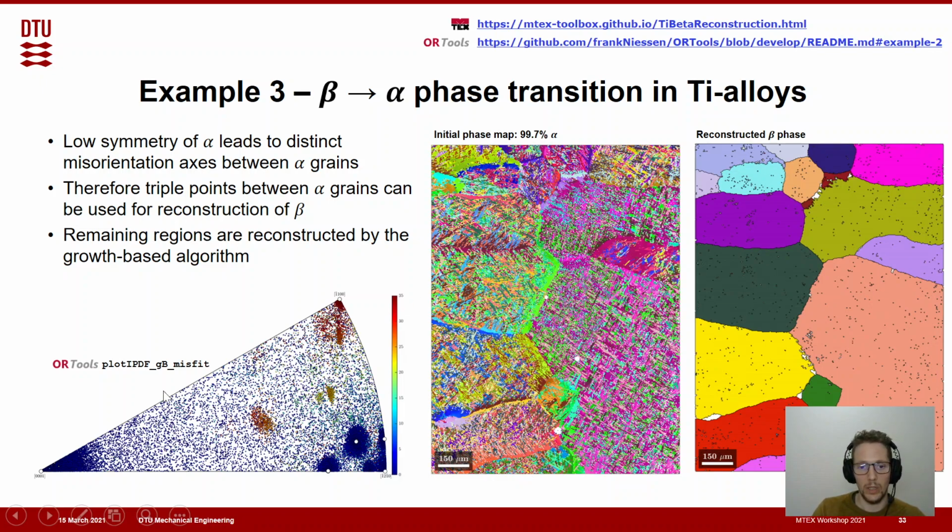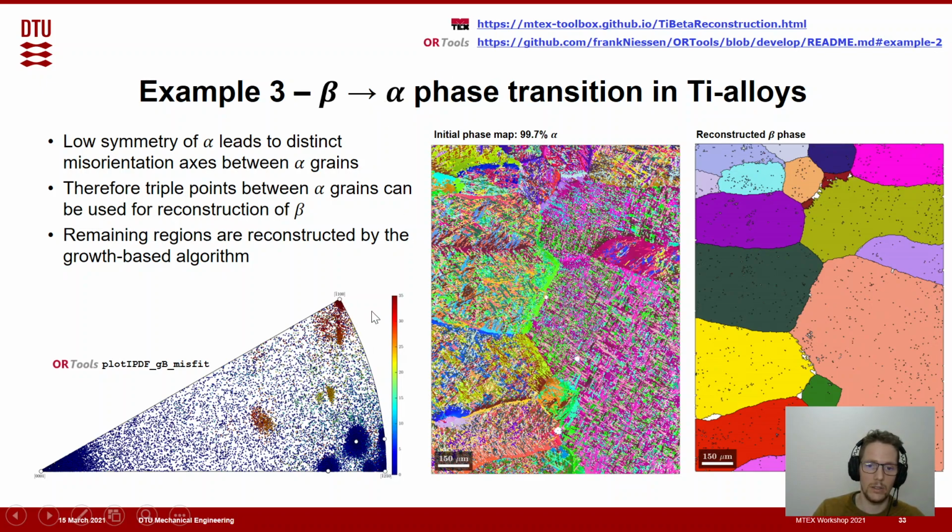And if we look at this inverse pole figure here, where we have the misorientation axis between alpha variants, and then the fit of the disorientation with the OR, we can see that we actually have distinct misorientation axes between the different variants in alpha, which is not the same in martensite in steels because of the high symmetry of the child phase.